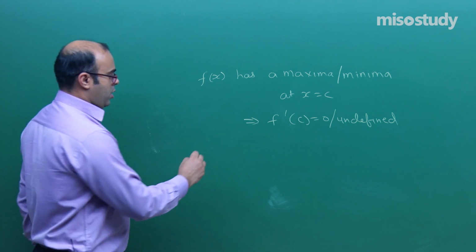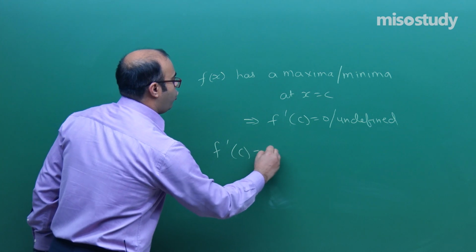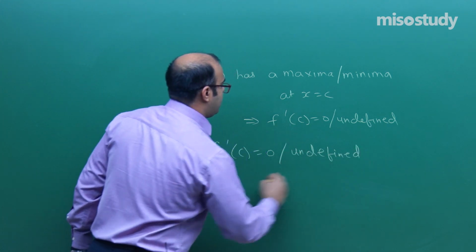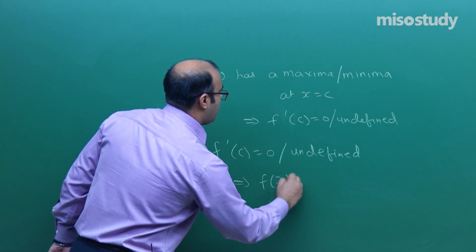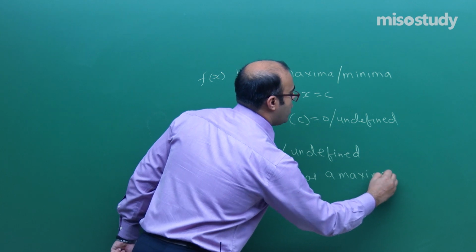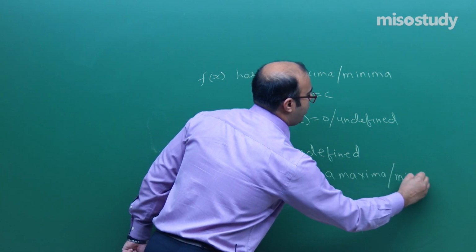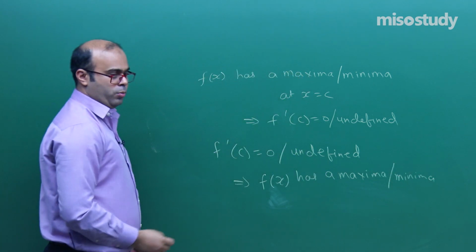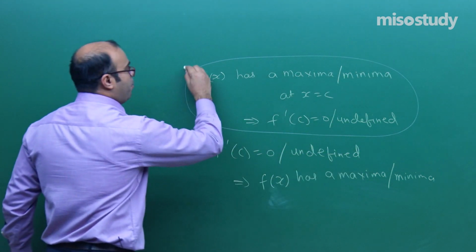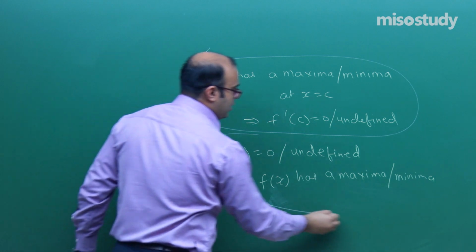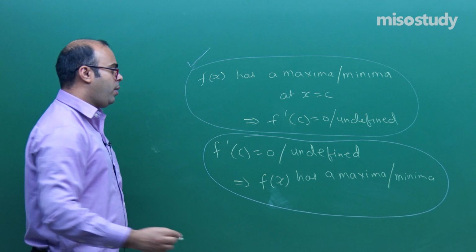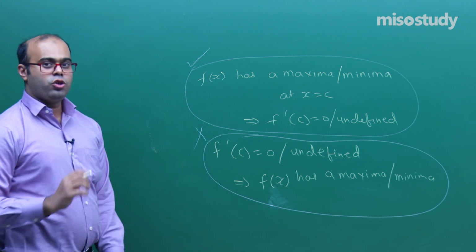That means, if f dash c is equal to 0 or undefined, does this imply that f(x) has a maxima or a minima? Is this true? No, this is not true. It may have a maxima or minima, it may not. So, this statement is a theorem, but its converse is an incorrect statement. This you have to keep in mind.